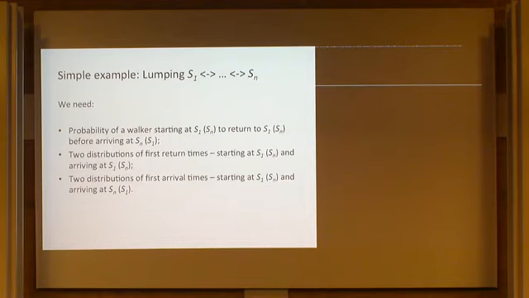Now, I mentioned already that we have to do a little bit more. We need additional distributions, but we also need the probability for a walker that starts in S1 to return to S1, or that starts in Sn to return to Sn. We need not only two return times, but also two arrival times, depending on whether you start in S1 or Sn.